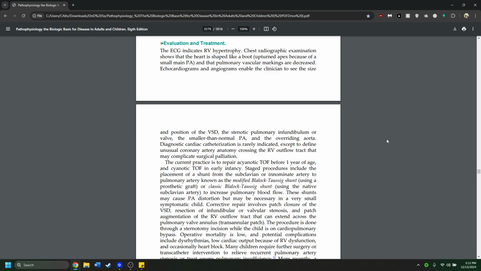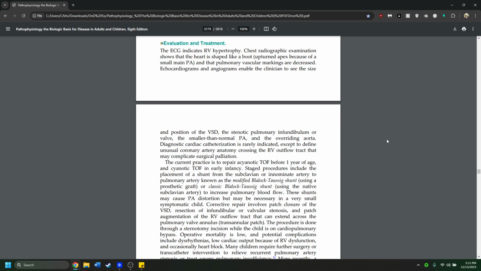Echocardiograms and angiograms enable the clinicians to see the size and position of the VSD, the stenotic pulmonary infundibulum or valve, the smaller than normal pulmonary artery, and the overriding aorta. Diagnostic cardiac catheterization is rarely indicated, except to define unusual coronary artery anatomy crossing the right ventricle outflow tract that may complicate surgical palliation.